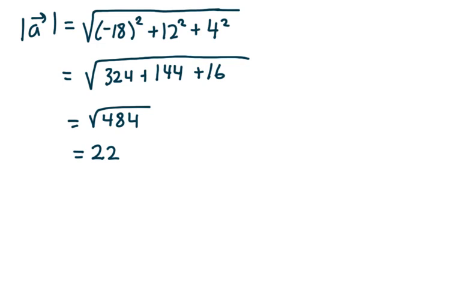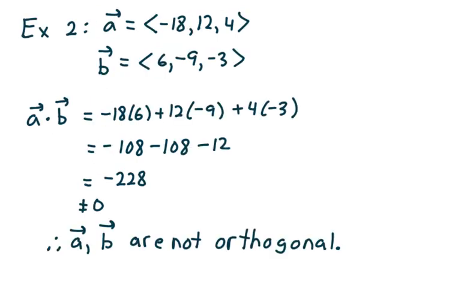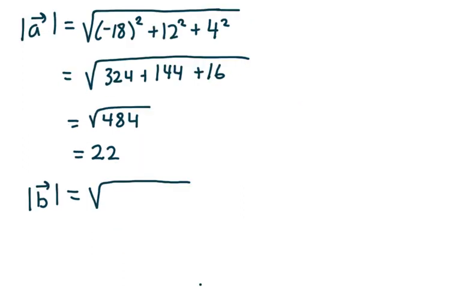And then I'm going to take a look at the magnitude of B. Well, the magnitude of B is the square root of, now, B is 6, negative 9, negative 3. So I'm going to get 6 squared plus negative 9 squared plus negative 3 squared, right?